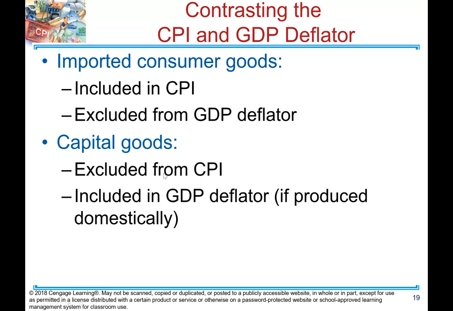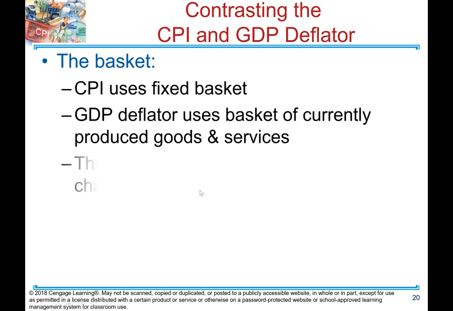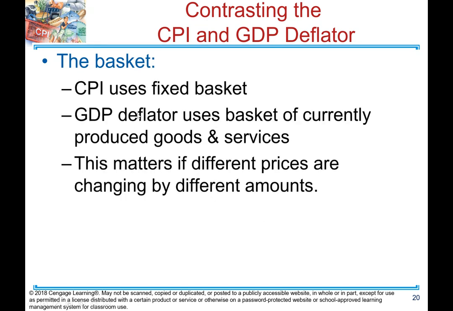Capital goods are excluded from CPI. A typical consumer doesn't purchase capital goods, and so capital goods do not affect CPI, but since they are made domestically, they affect GDP deflator, if it is, of course, produced domestically. The basket: CPI uses a fixed basket.